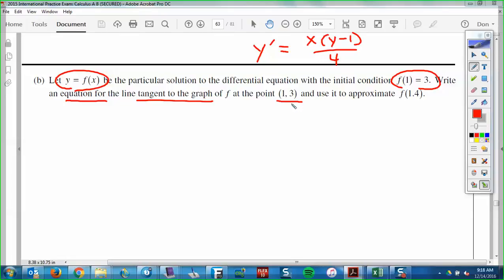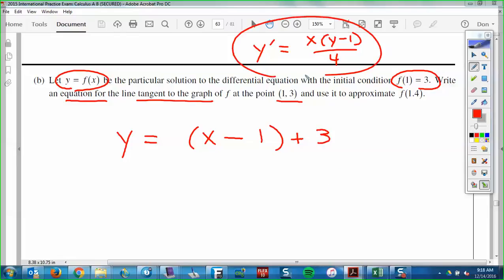Slope and a point. And then we're just going to go y equals slope times x minus point plus point, right? What do I put in for the point? (1, 3). How do I get the slope? Right? They gave it to me. This part of this should be so easy.